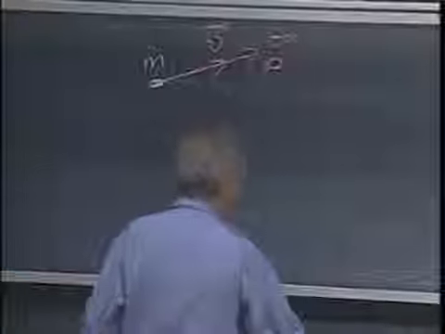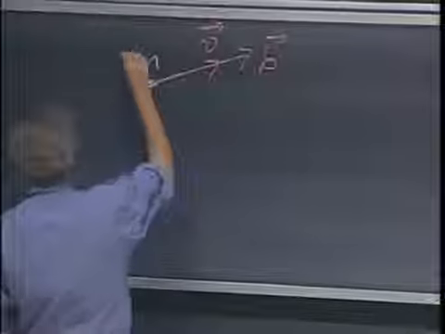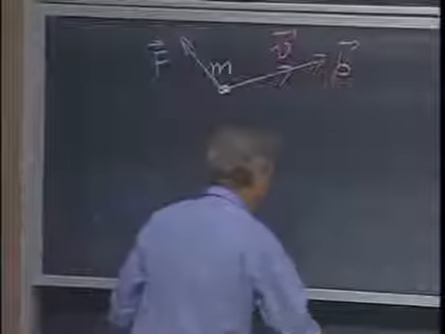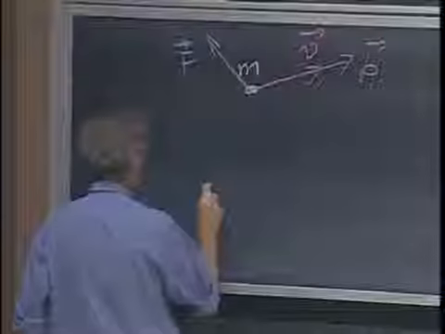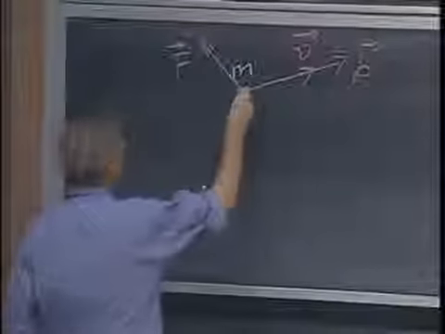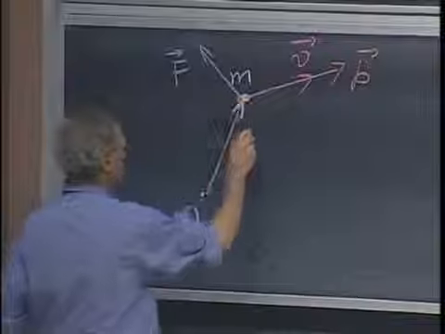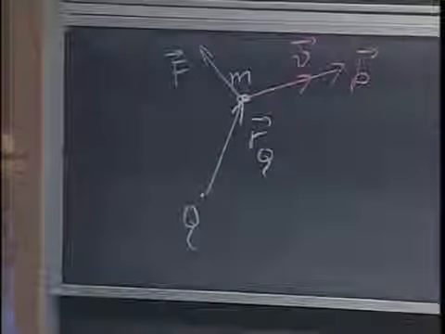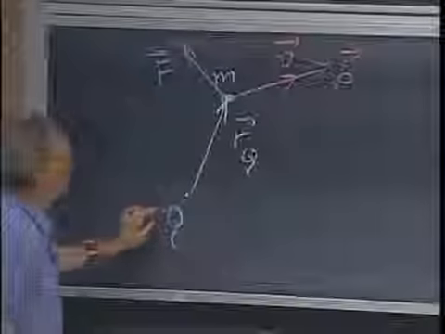There may be a force acting upon that mass, F. And now I choose a point Q at random. This is the position vector relative to Q. Never forget to indicate what the origin is that you have chosen.